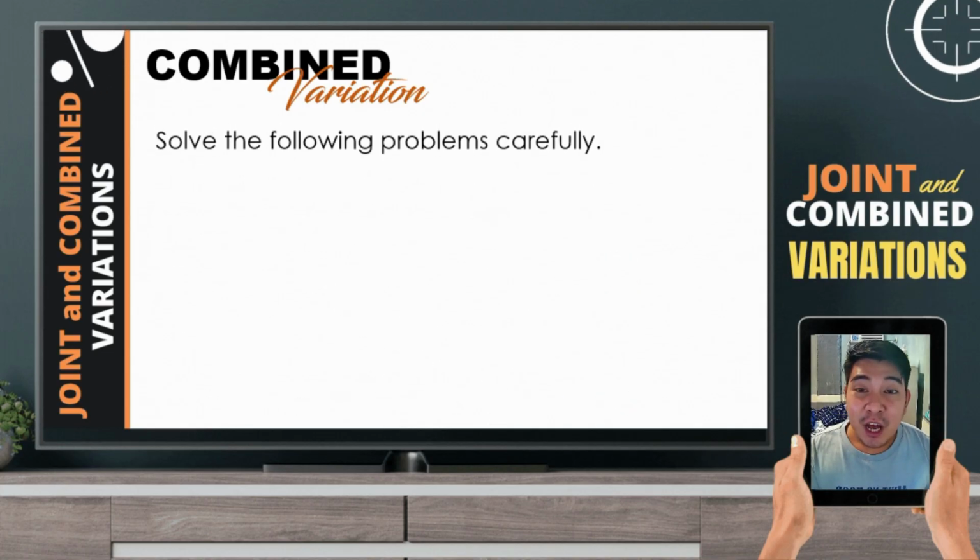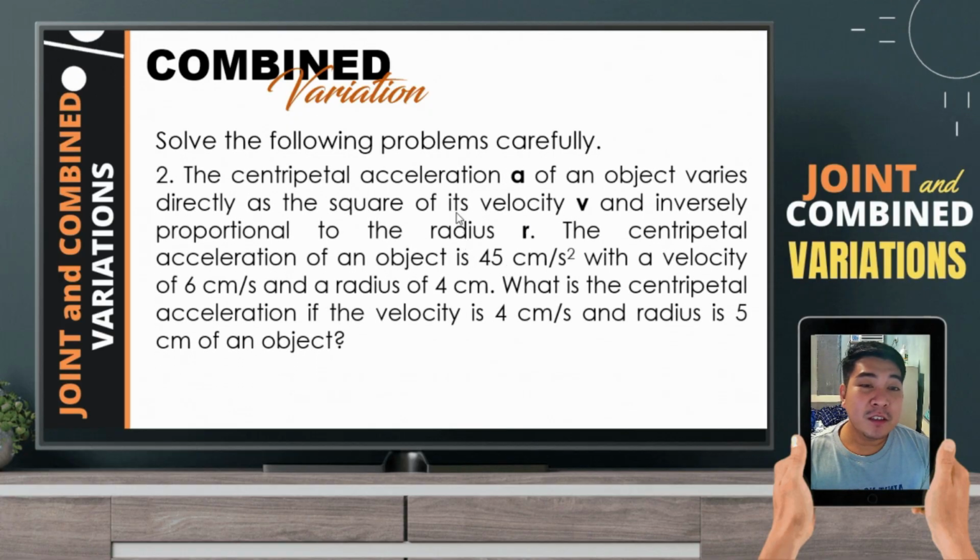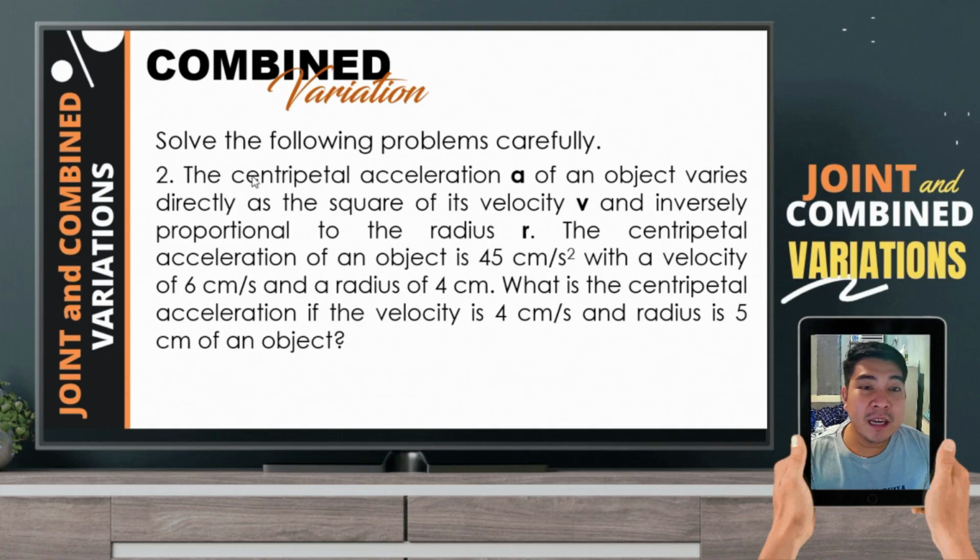So let us now proceed to the second example. The centripetal acceleration A of an object varies directly as the square of its velocity v and inversely to the radius r. So we are already given the variables that we are going to use for representation. We have a, v, and r.